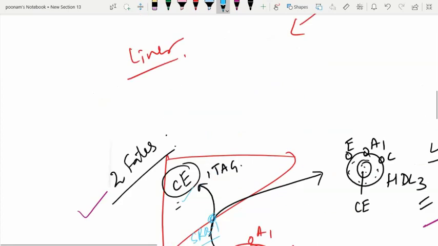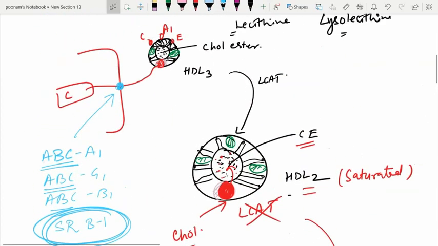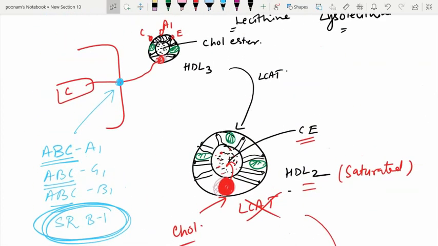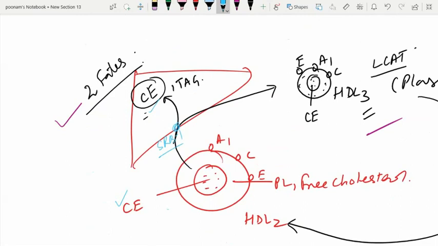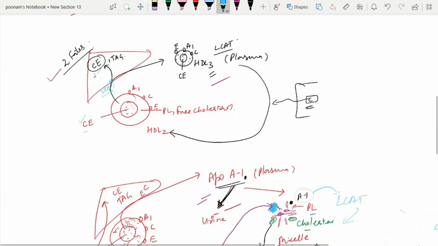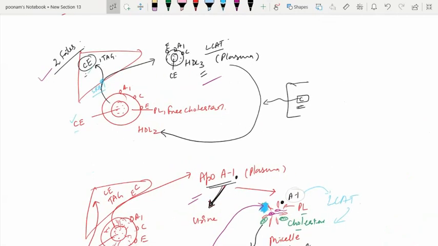And at extrahepatic tissues, what it is doing is transferring the free cholesterol from the tissue to the lipoprotein. So at the extrahepatic level, from the tissue to lipoprotein, and that is free cholesterol, and at the liver surface, from the lipoprotein to the tissue, and that is cholesterol ester. So this SRB1 has a dual role in HDL metabolism.